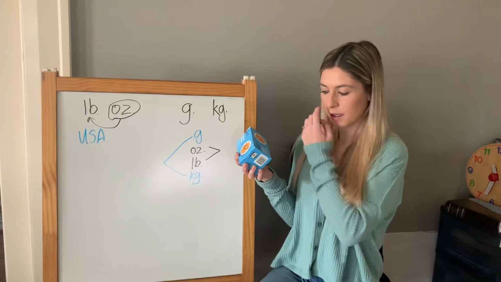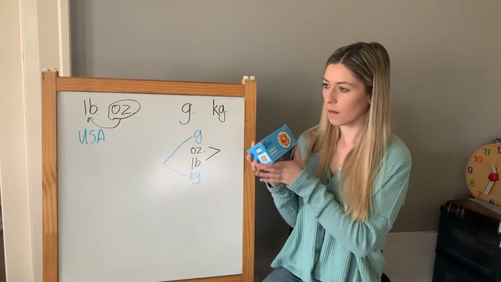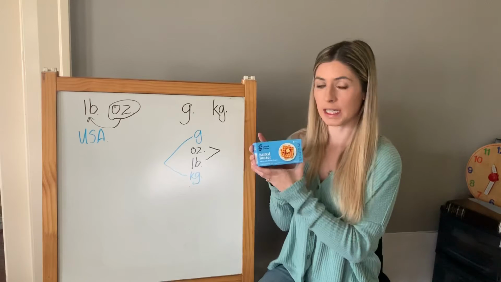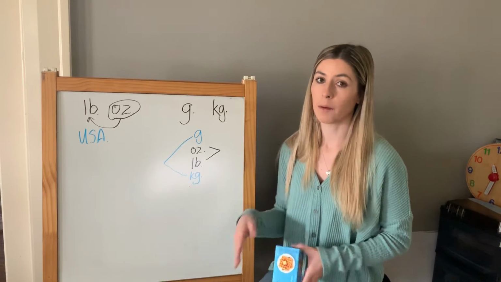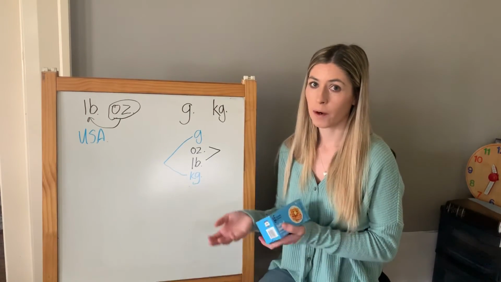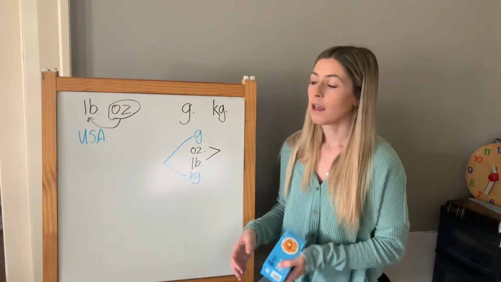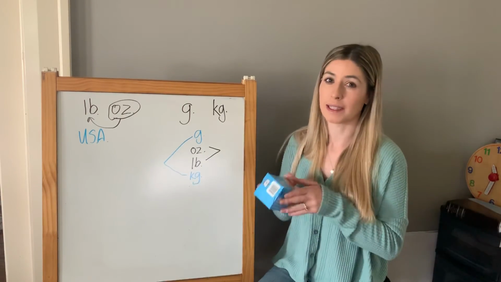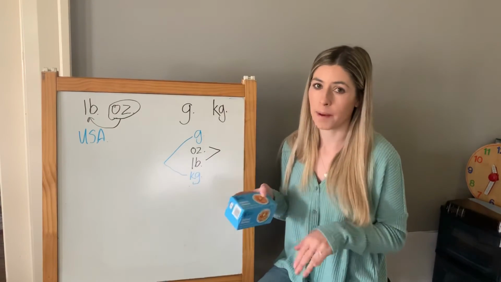If you start seeing ounces on a drink instead, those are different. Now that's where it gets even more confusing because we have liquid ounces where we measure how much is in a container, kind of like our gallon. And then we have weight ounces, and they're different amounts, and we'll talk about that later.